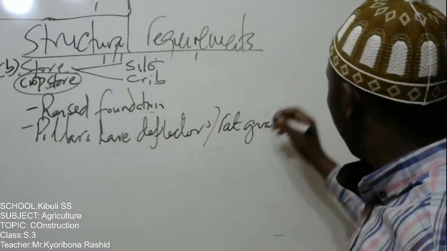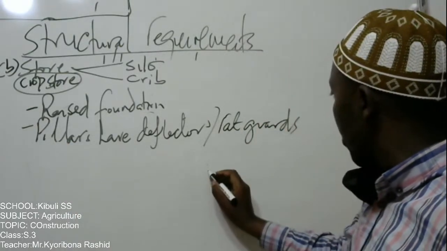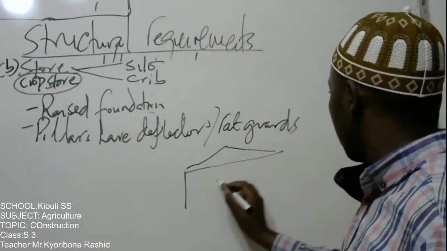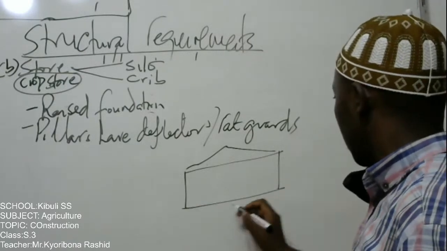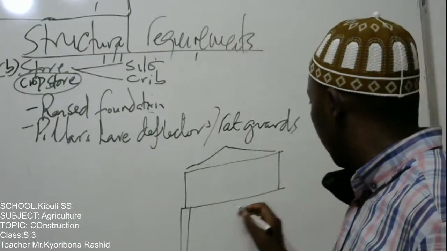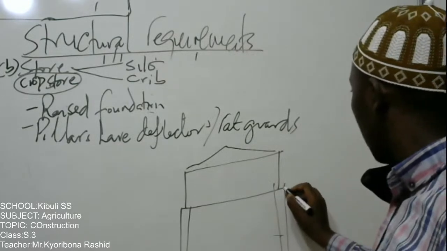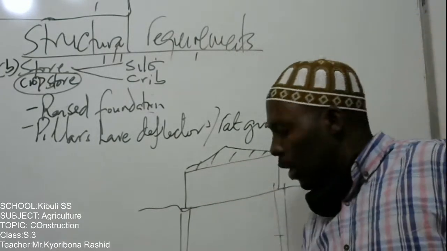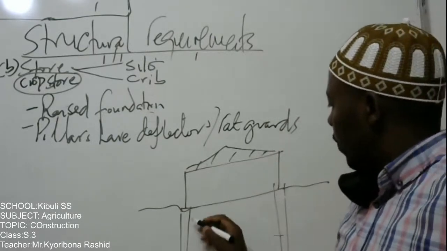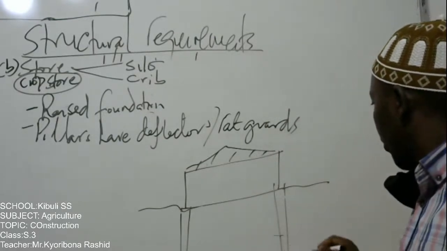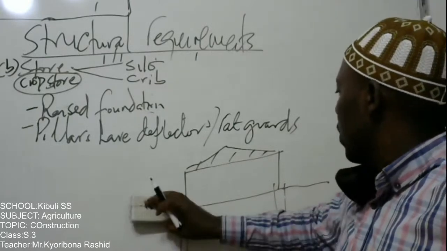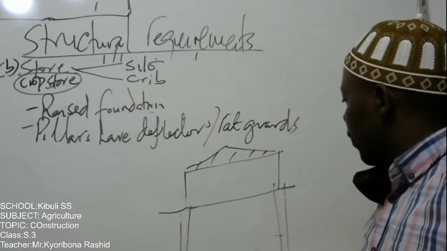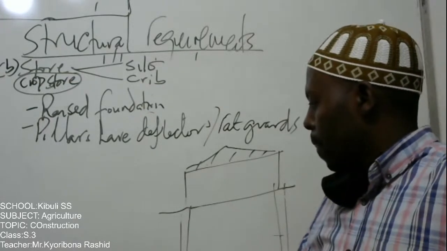If this is the building we say has to be raised, maybe let me try my arch. This is my arch. This is the building. It should be raised. This is the ground floor, and this is the roof. So this building is raised. So this is the ground.